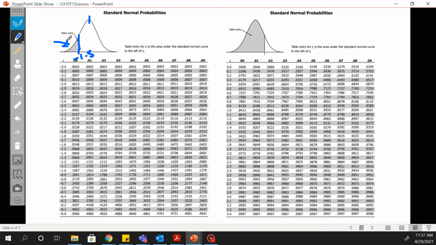Then for this shaded area, we would have to look for negative 1.5. So negative 1.5 is right here.